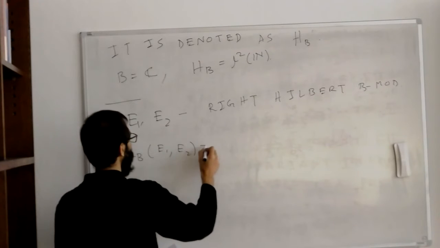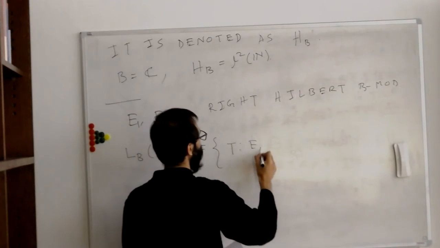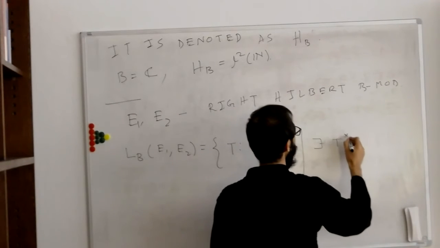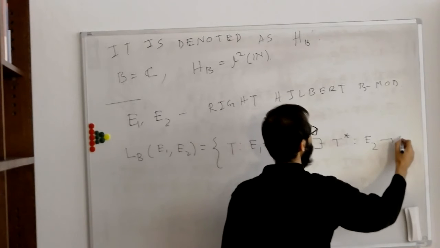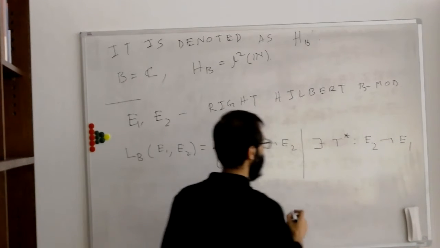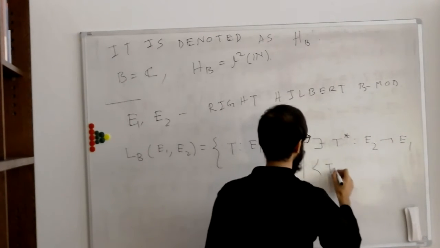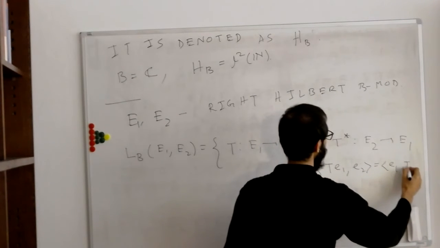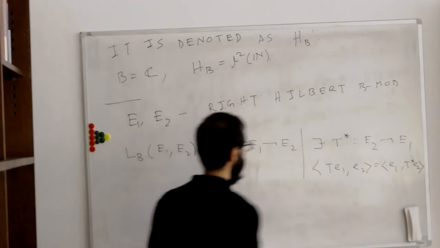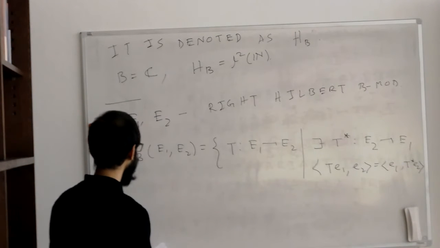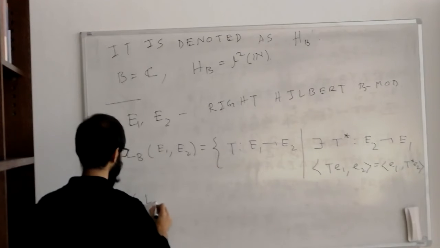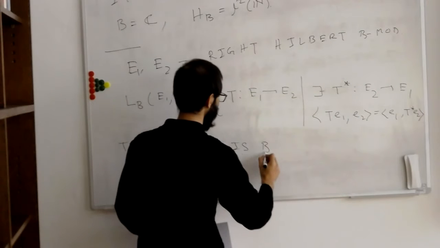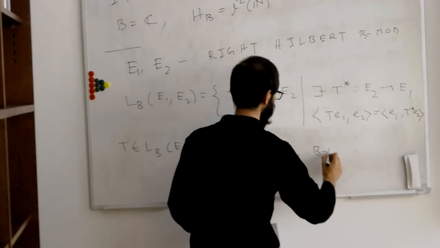These are the admissible maps, the adjointables: maps T from E1 to E2 for which there exists an adjoint. Each such T is bounded and bilinear.